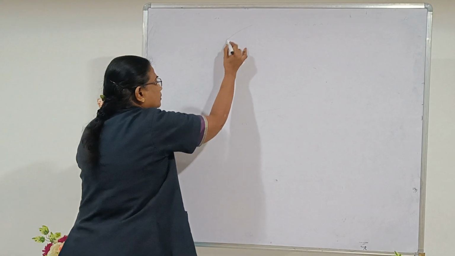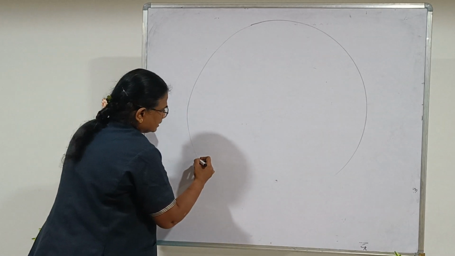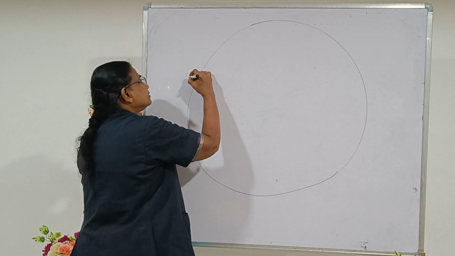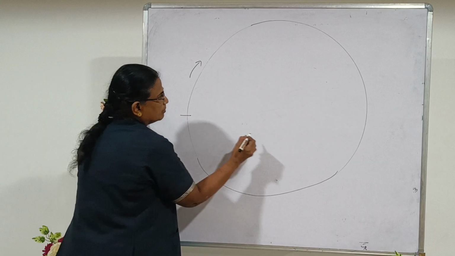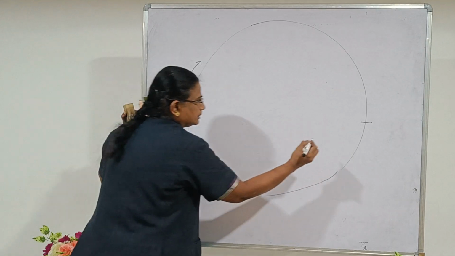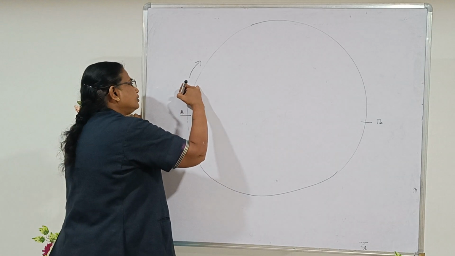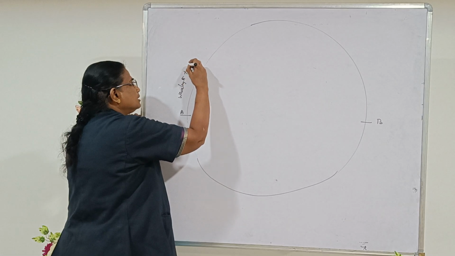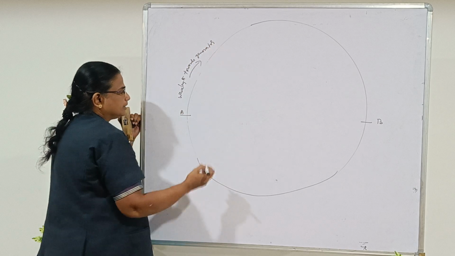So here, this is now the Smith chart. You have the outermost circle, where it is written as wavelength. First, mark the two ends: mark this as A and the right side as B. In your chart it is written as wavelength towards generator, clockwise direction.